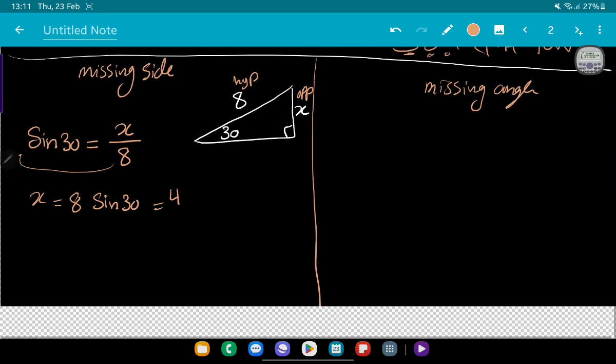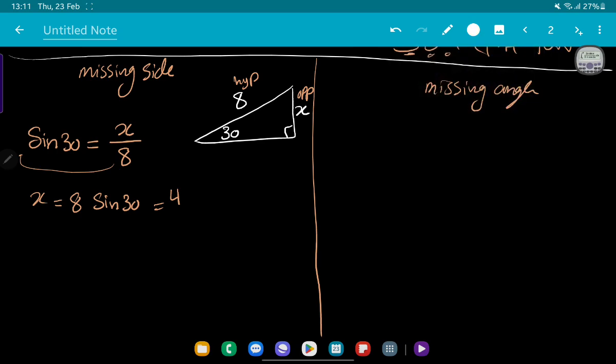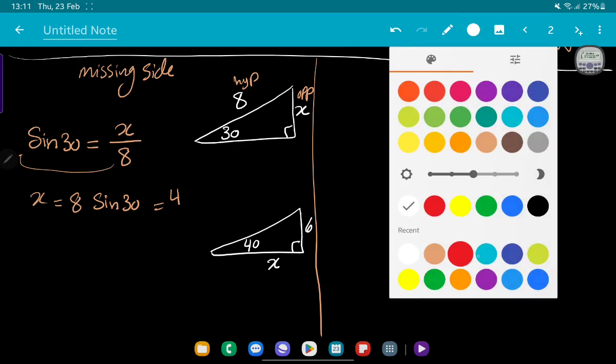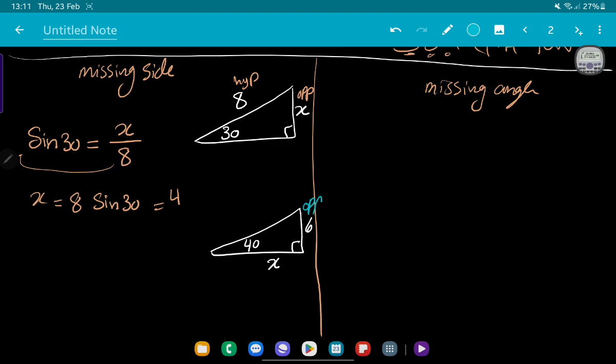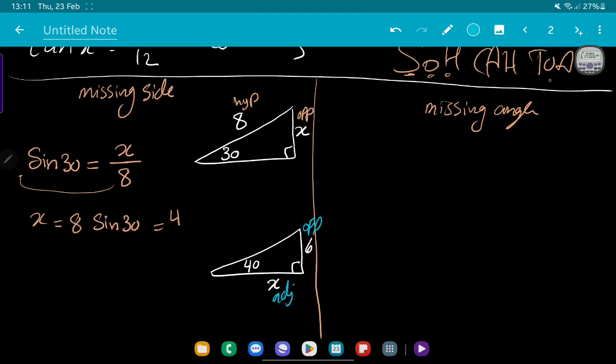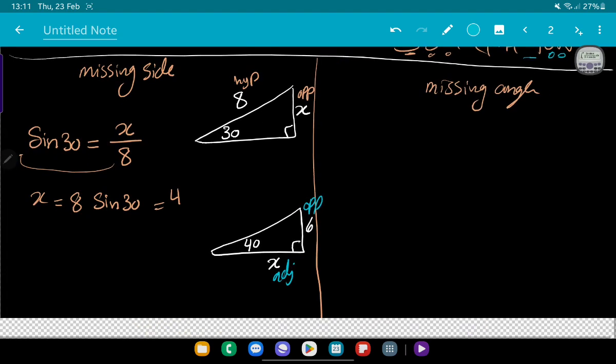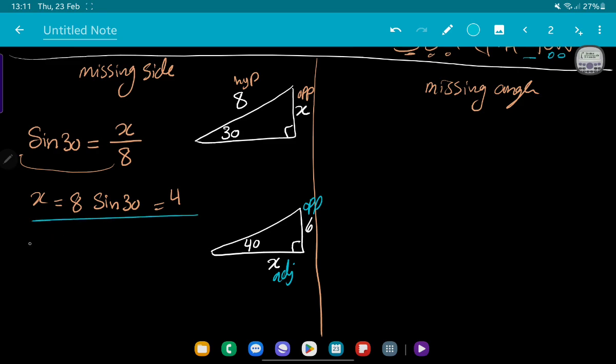Okay, do you need a different example? Of course. Let's try this. For example, this side is 6, this one is unknown, and the angle is 40. Now what do you have here and what's required? You have the opposite and you need the adjacent. Opposite and adjacent, use the tan. So write tan 40 should be 6 over x.